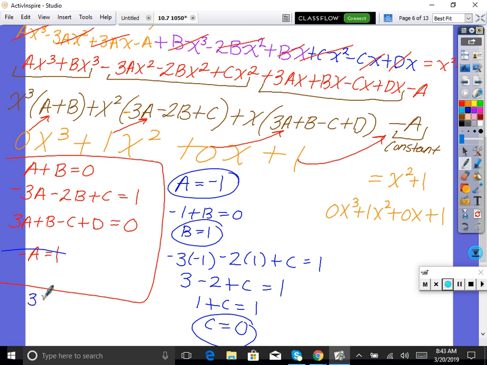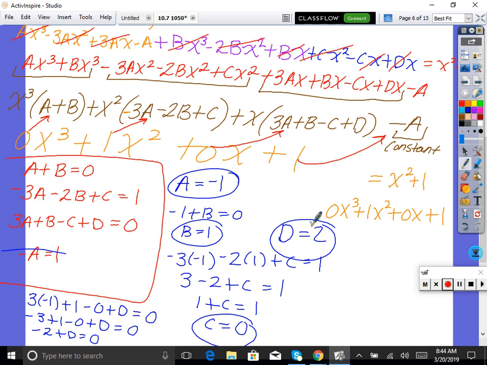So 3 times a, so a was negative 1, 3 times negative 1 plus b, b was 1, minus 0 plus d equals 0. I'm plugging it in right here. Negative 3 plus 1 minus 0 plus d equals 0. So isn't that negative 2 plus d equals 0? So d equals 2. So remember those things.